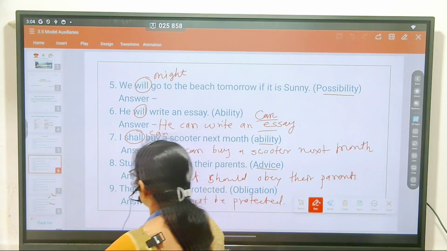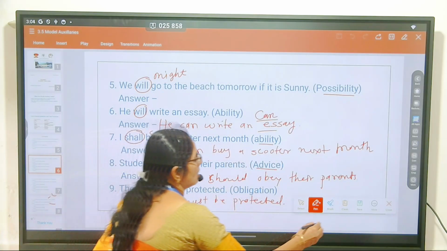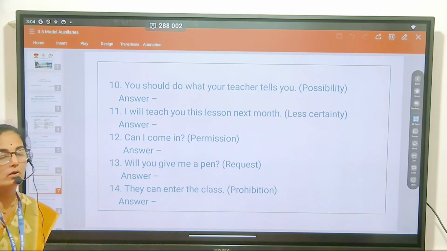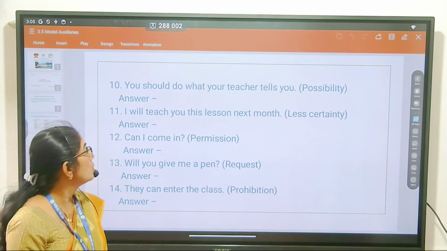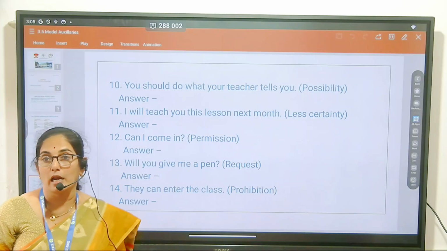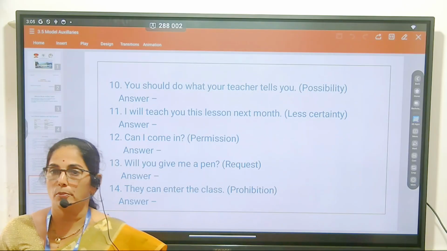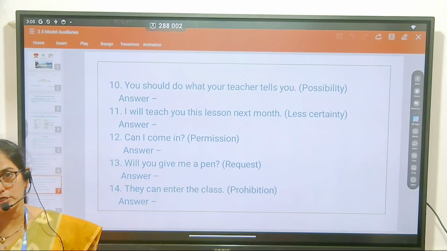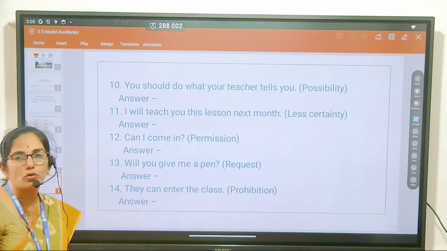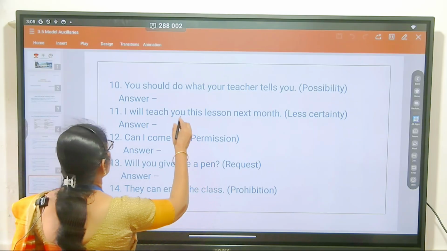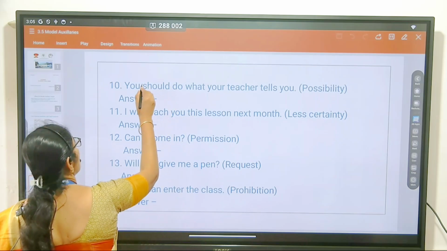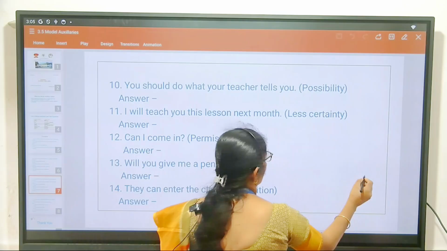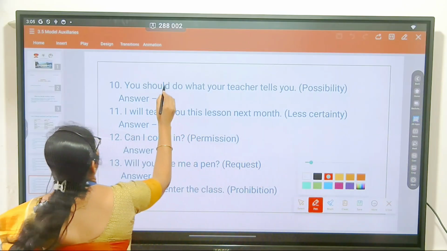We will see some other sentences, some other examples. Next one, tenth sentence. You should do what your teacher tells you. Here you have to use a modal auxiliary showing possibility. And you do one thing to find out which modal verb is used here. That is should.